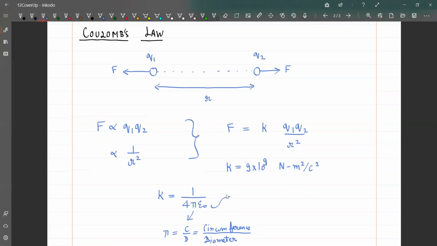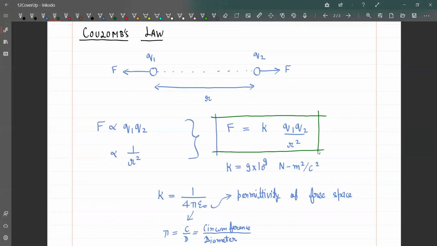And epsilon naught is a property of vacuum known as the permittivity of free space. So this is Coulomb's law, and this is basically the scalar form of Coulomb's law.